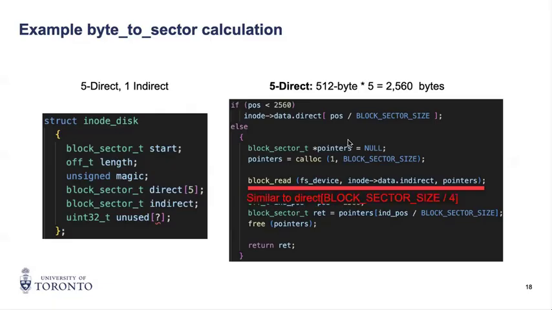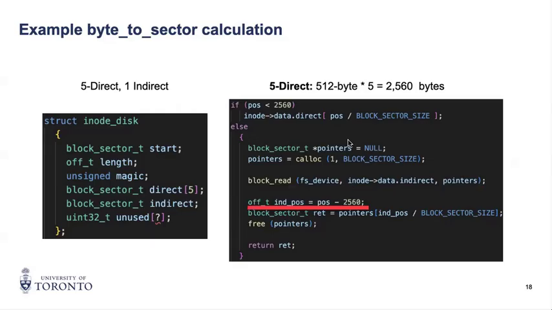It's similar to direct 5, but it depends on how many pointers you can store in a block. In this case, we have 4-byte pointers, because block sectors are 32 bits.